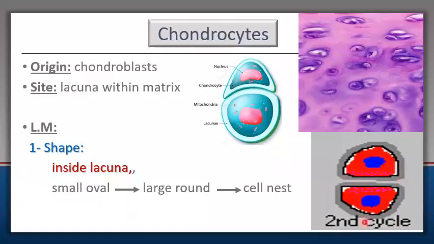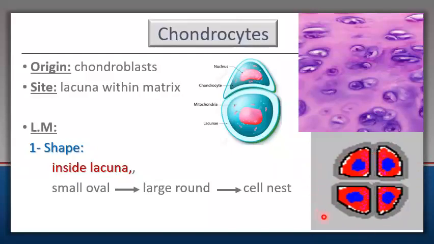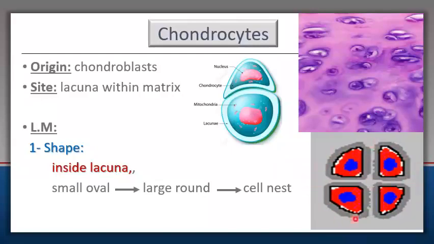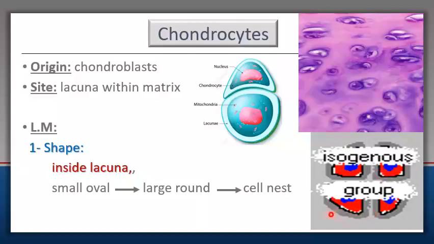Then these 2 cells will divide again and give 4 cells. If these 4 cells are present inside a single lacuna, we call it a cell nest. But if they are separated into 4 cells, but derived from a single chondrocyte, we call it an isogenous group.